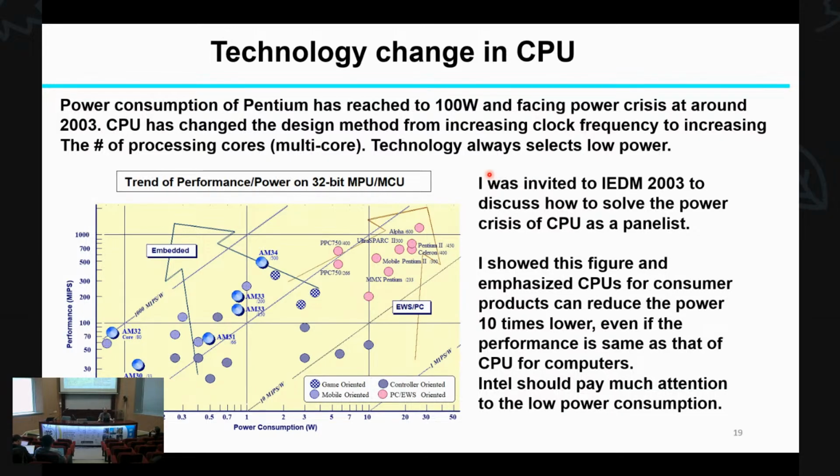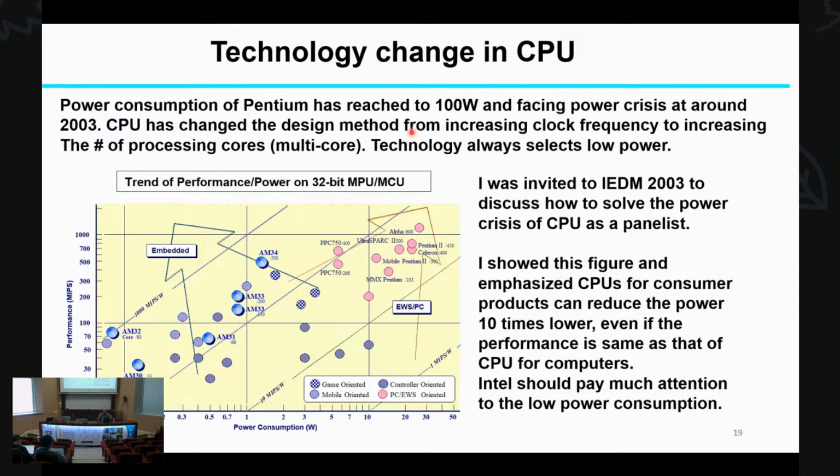Facing the power crisis around 2003, CPU design changed from increasing the clock frequencies, which was a fundamental strategy of Intel, to a multi-core strategy, limiting the highest clock frequency and increasing the number of cores.